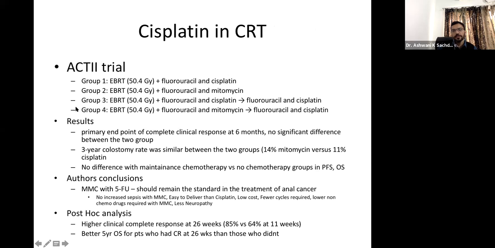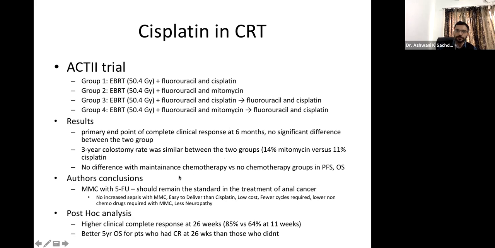The second trial in this series was the ACT 2 trial. They compared EBRT with 5-FU and cisplatin or with 5-FU and mitomycin, and they also gave adjuvant chemotherapy after finishing chemoradiation therapy. At 6 months they found no difference in the clinical response rate between the mitomycin and cisplatin arms, and 3-year colostomy-free survival was also similar between the two groups.